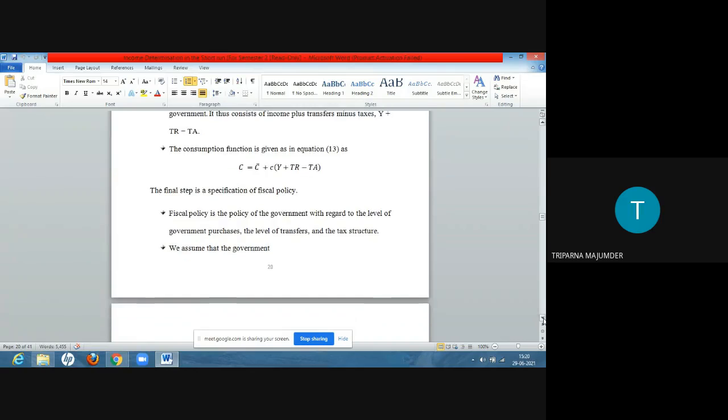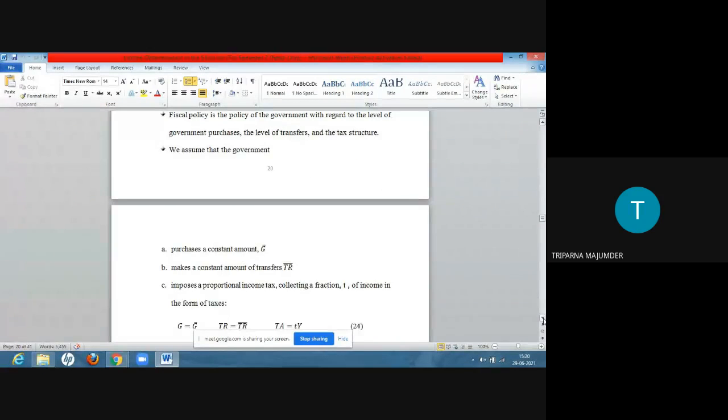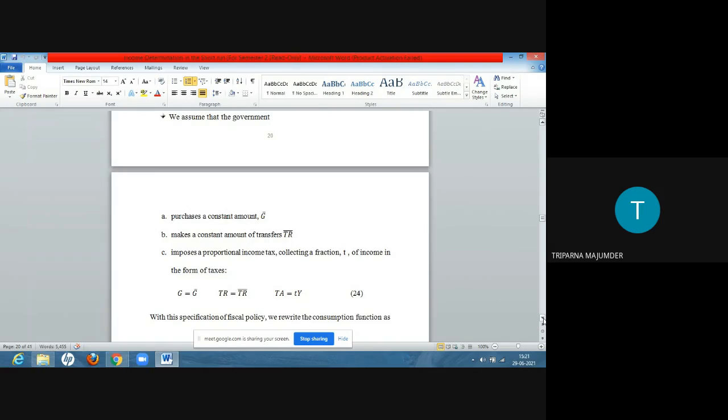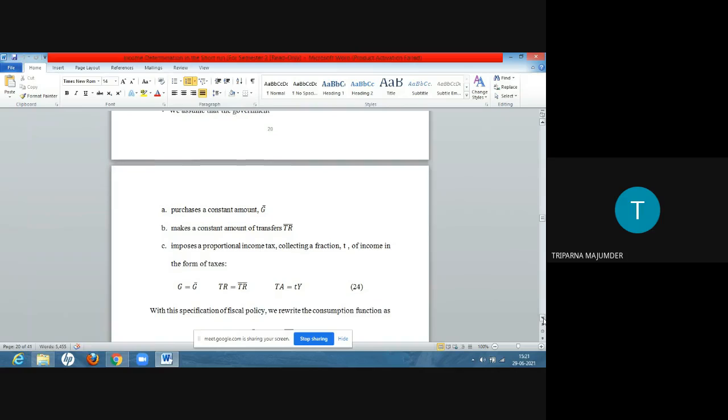We assume that government purchases are constant G bar. Transfers are also constant TR bar, and there is a proportional income tax, a fraction t of income in the form of taxes. So G is equal to G bar, TR is equal to TR bar, and TA is equal to tY. So this is how we have put it algebraically.